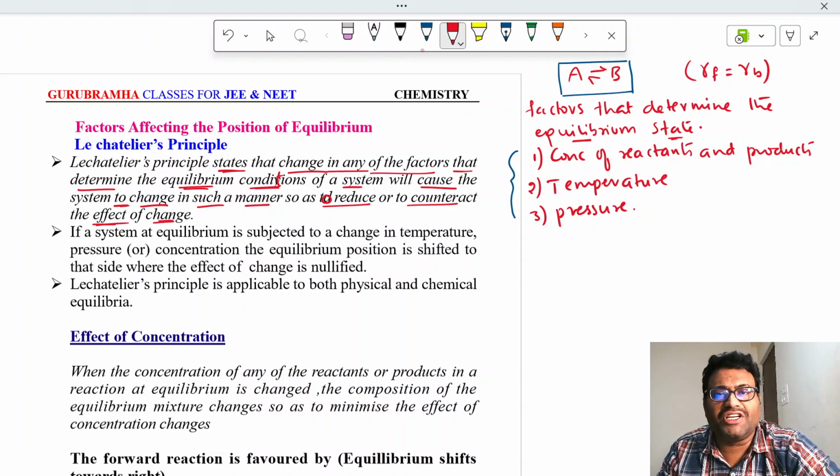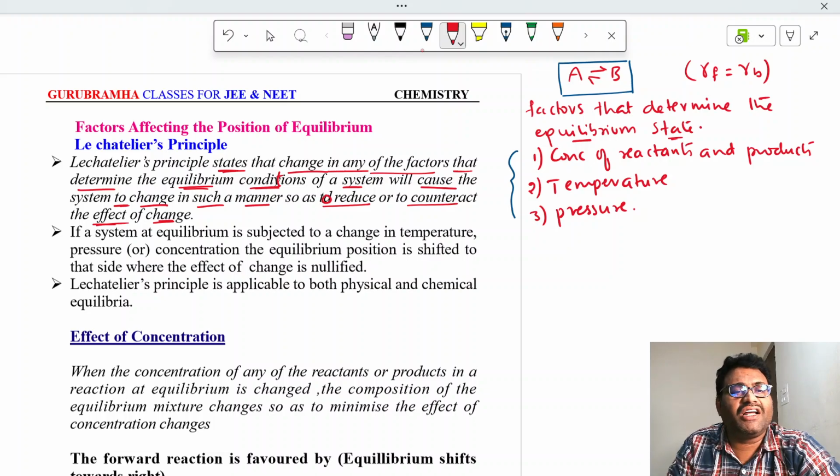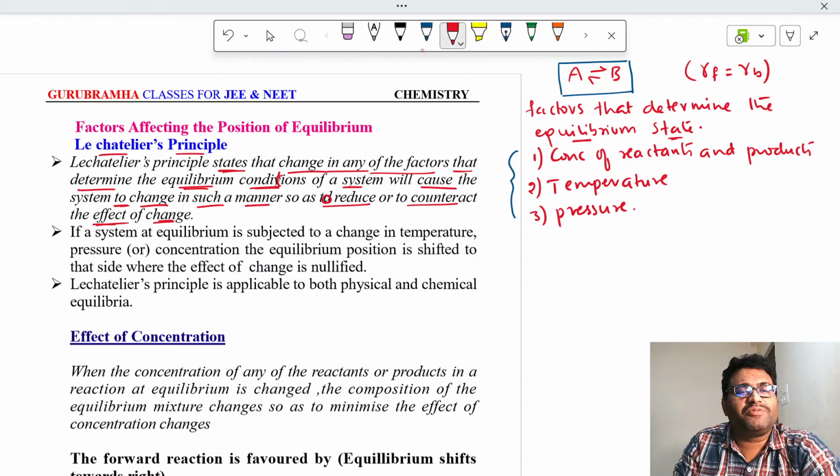So you brought some change so that equilibrium is disturbed. Now as the reversible reaction has a tendency to attain equilibrium, again it will behave in such a way as to regain its equilibrium. Understood? So that is what Le Chatelier's principle is all about.